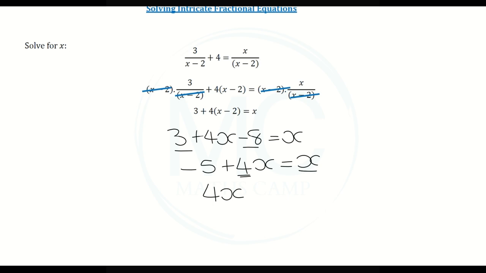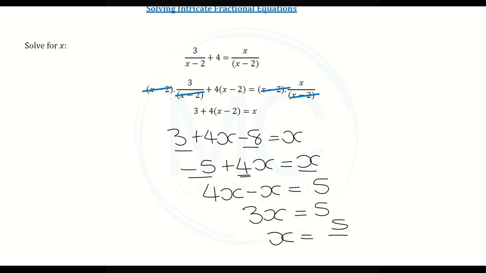Let's move this x across, so we're going to say minus x is equal to, then we're going to move negative 5 to the right-hand side and make it positive 5. 4x minus x is 3x, which is equal to 5. Divide both sides by 3, and we see that x is equal to 5 over 3.